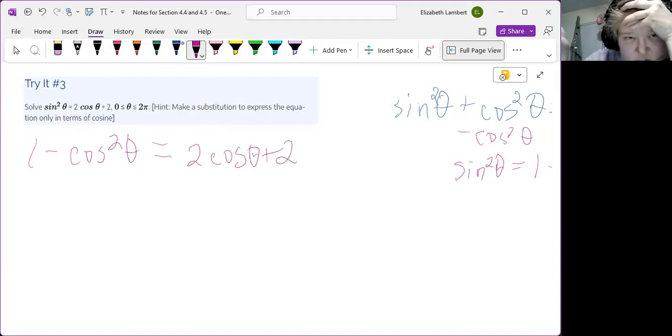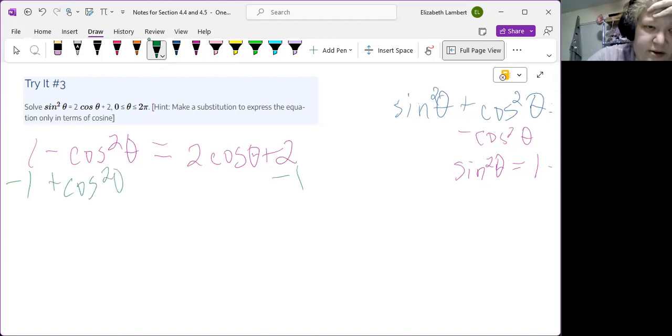And now, of course, it's a quadratic. Since the squared term on the left is negative, I'm going to take both things on the left and add them to the right. So we're going to minus 1, which is actually like terms with the plus 2. And then we'll add cosine squared.